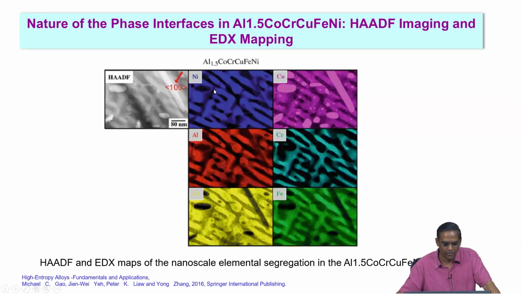For example, for nickel, aluminum, cobalt, the segregation appears the same in all these images. Copper, chromium, iron are entirely opposite, isn't it? The segregation in these phases is opposite to what you are seeing here. Okay. So that means there is a selection of elements in the phase interfaces. So how do we understand that?